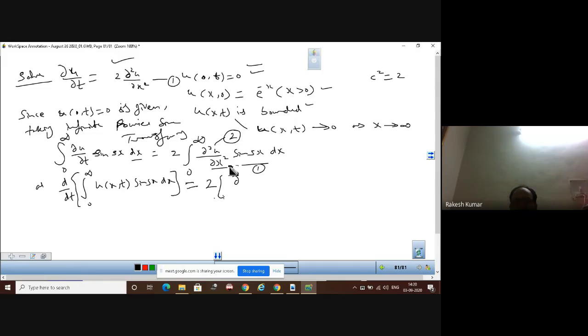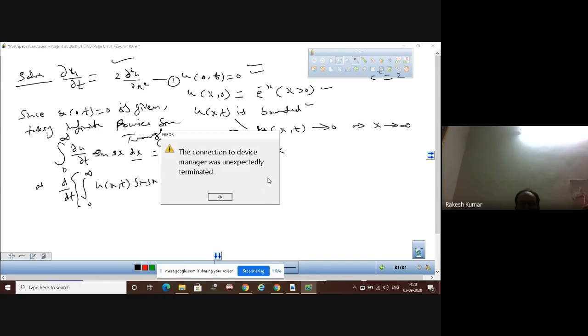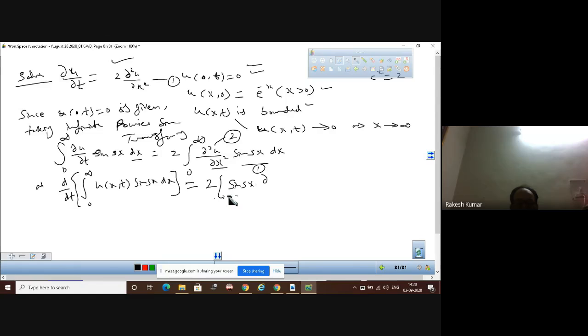So the first function is sin(sx) into its integration, the integration will be ∂u/∂x, because it is already the derivative term. So ∂u/∂x within the limits 0 to infinity, minus the integral from 0 to infinity of the derivative of sin(sx), that is s cos(sx), into its integration ∂u/∂x dx.